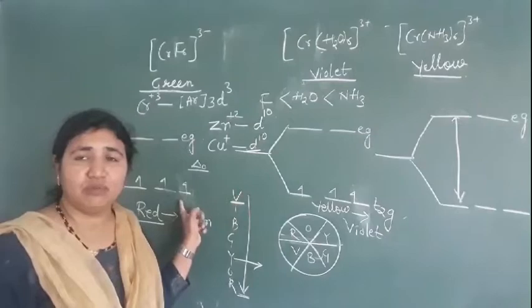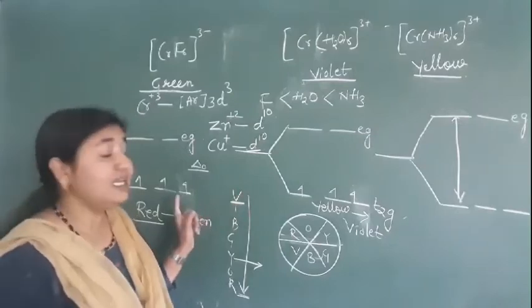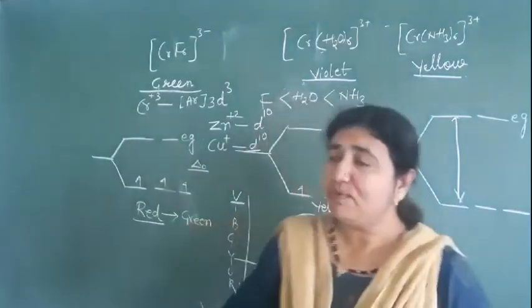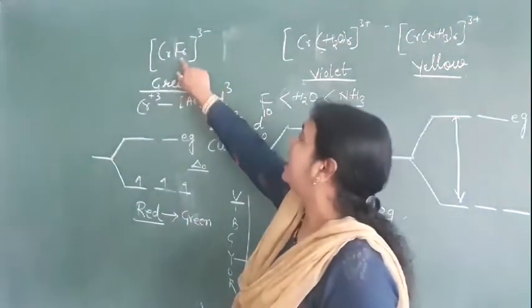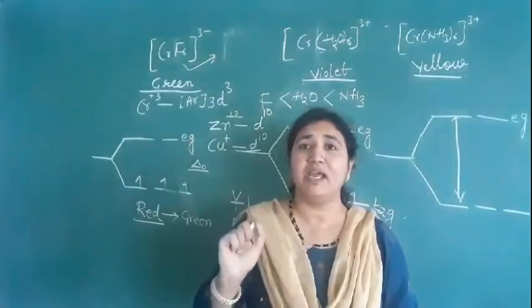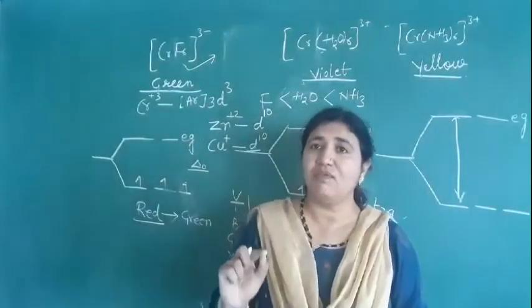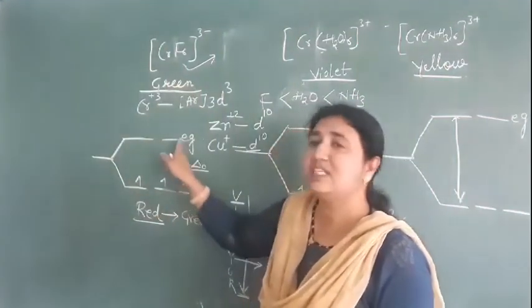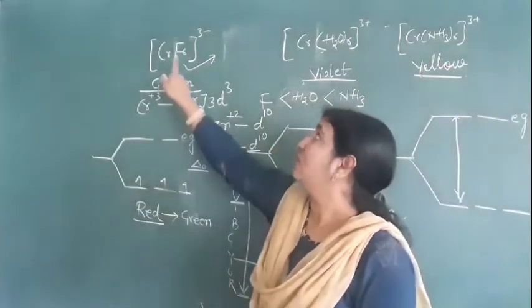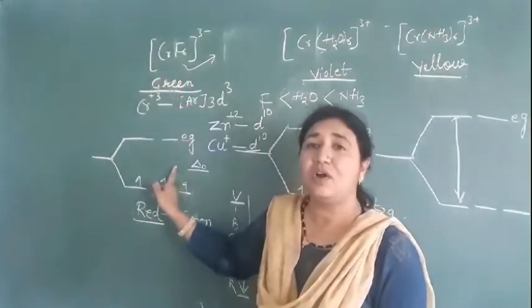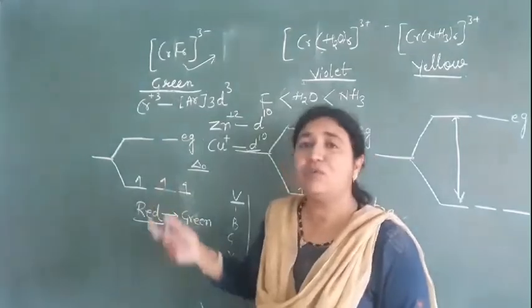So coordination compounds show colors due to the presence of unpaired electrons. The unpaired electron should be there in the metal, and they will show the color in the presence of ligands only. If we remove the ligand, they will be colorless. Why? Because only in the presence of ligand do the d orbitals split into two sets, the t2g set and the eg set. In the absence of ligand, this splitting does not take place, so there is no d-d transition.